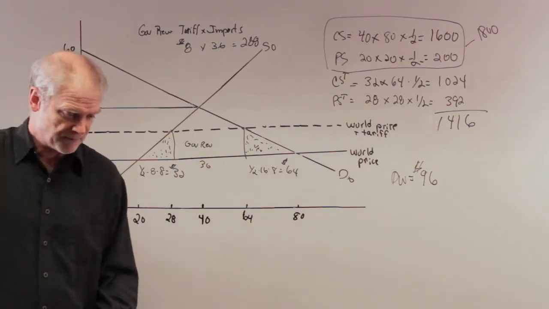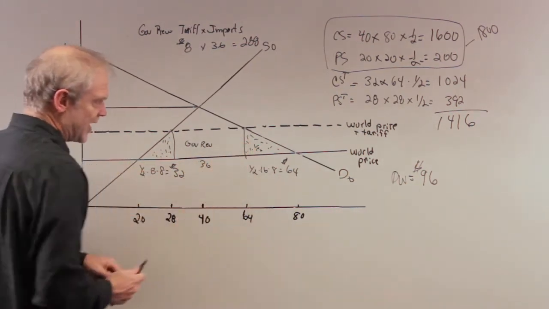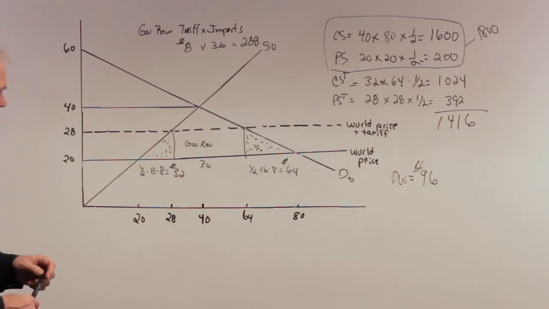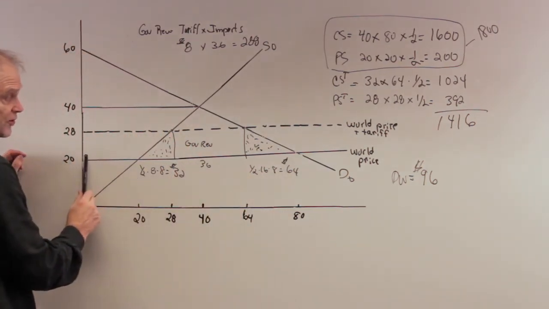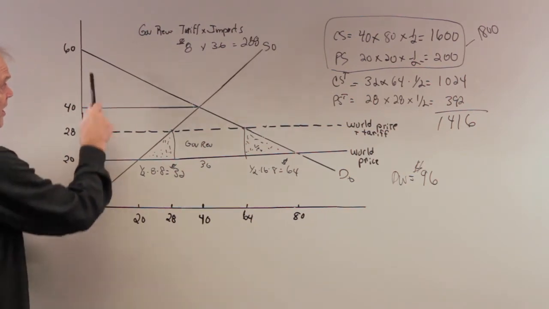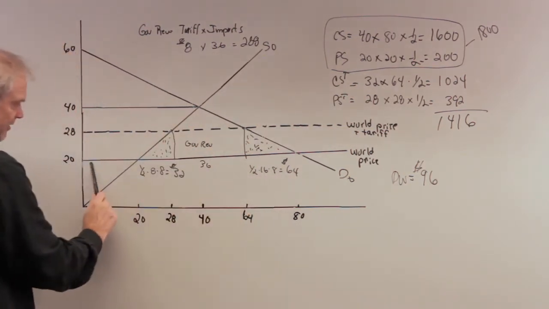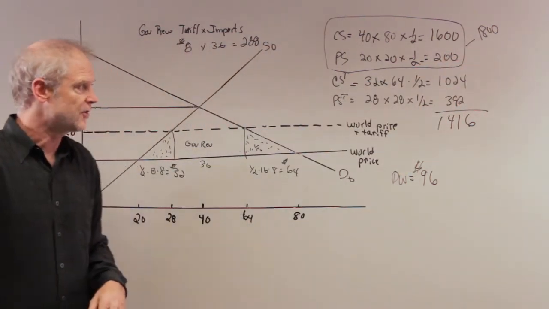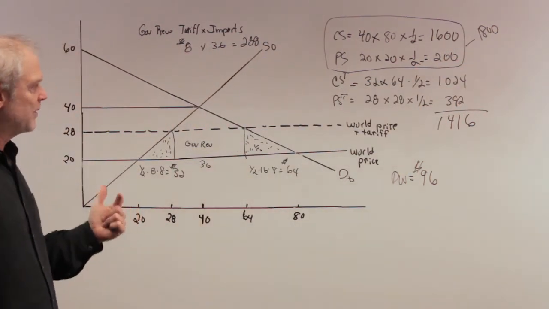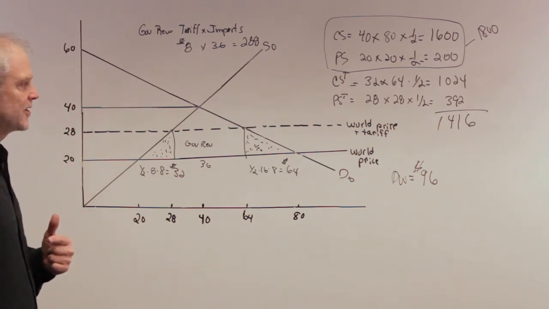And there's another way to do it. I picked off these 2 triangles, but another way to do this exercise would have been to say, okay, here is total surplus with trade. Total surplus with free trade is this area and this area. We said total surplus was $1,800 with free trade. Now what was total surplus after we imposed this tariff?